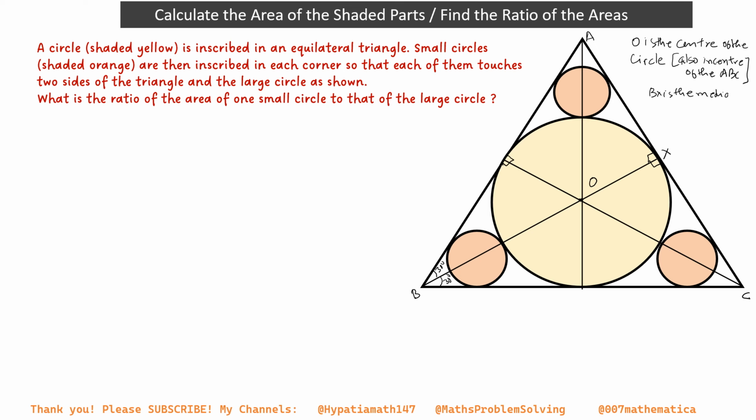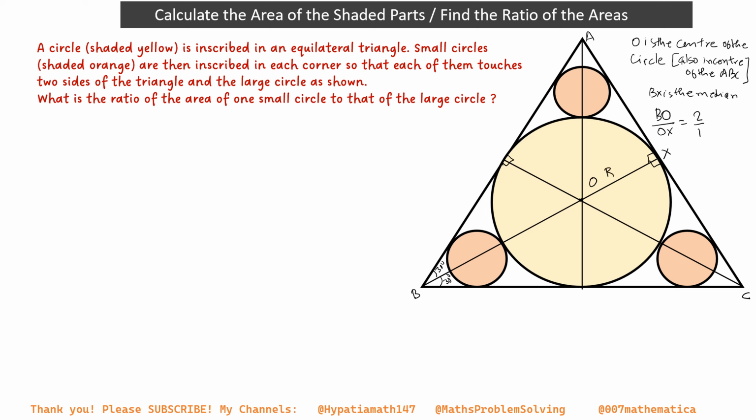Just to write it down so we know exactly what I'm doing. So BX is the median, and BO out of OX is equal to 2:1, so 2 out of 1, right? So if I were to now name the radiuses.